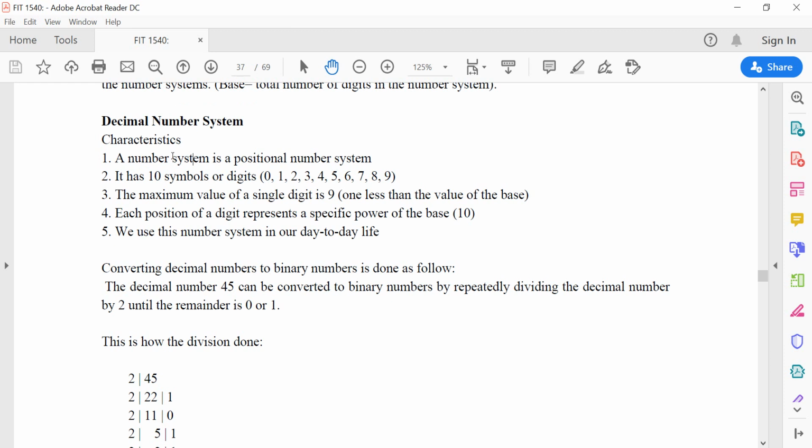A decimal number system is a positional number system, and it has 10 symbols or digits, which is 0, 1 up to 9, and the maximum value is 9. Still remember. So now I'm going to show you how to convert a decimal number to binary.